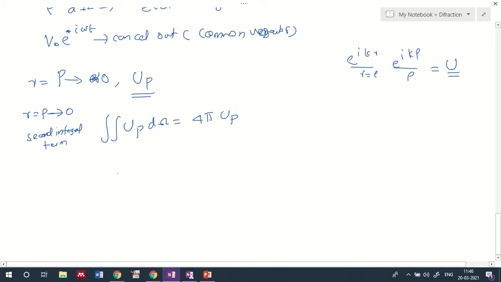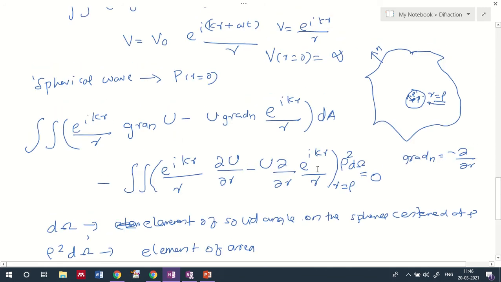Now if you consider the equation we represented above, if you substitute this into this equation, then this part, the double integral of up dσ, is equal to 4π up.